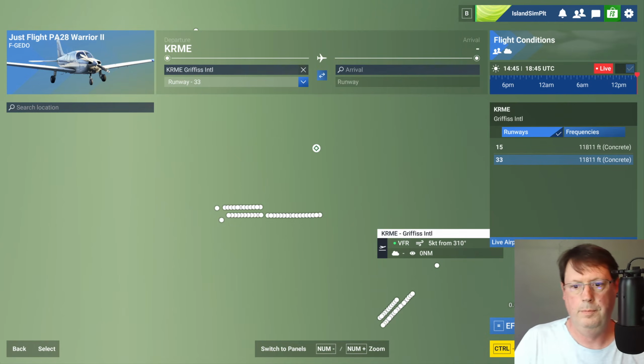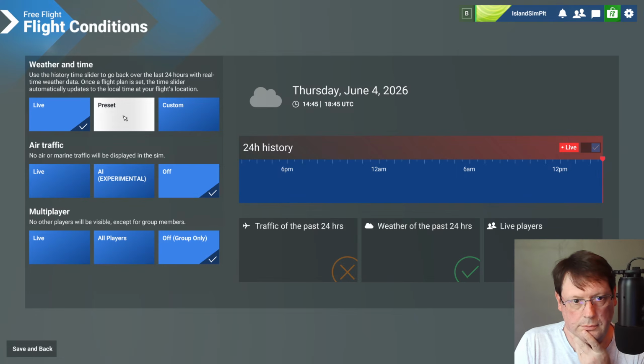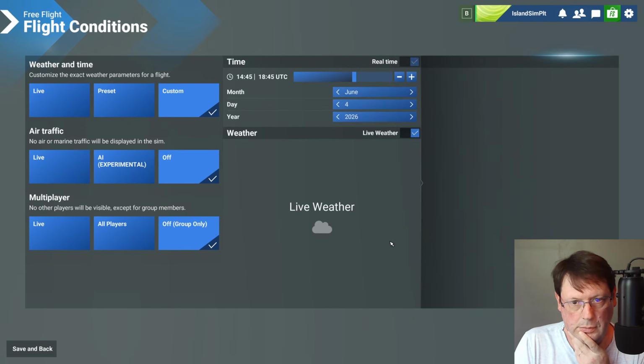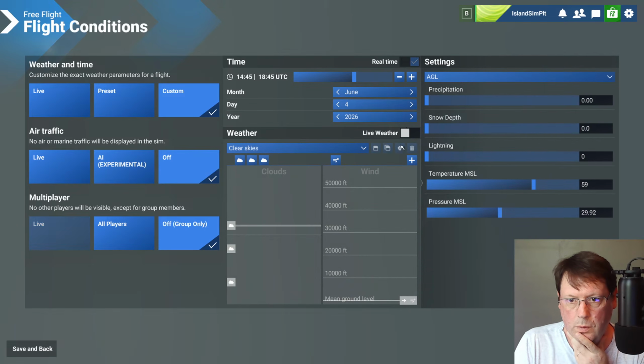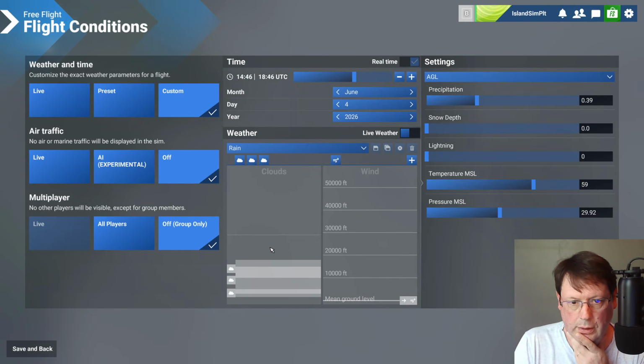We'll go there. Okay, flight conditions. Let's go custom. Clouds. Let's go overcast. Let's make it nasty. Let's make it rain.